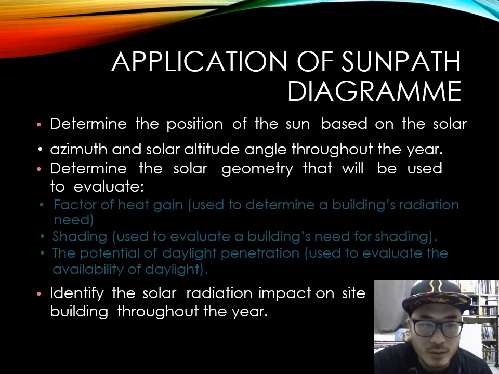Number 2, shading, used to evaluate a building's need for shading. And number 3, the potential of daylight penetration, used to evaluate the availability of daylight. It is also used to identify the solar radiation impact on site and building throughout the year.